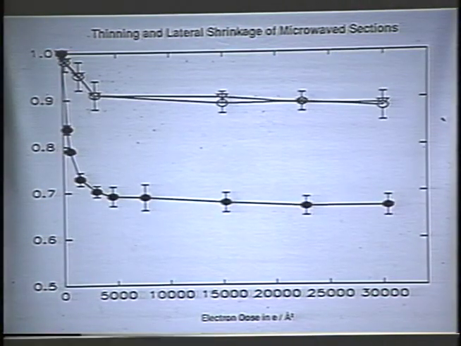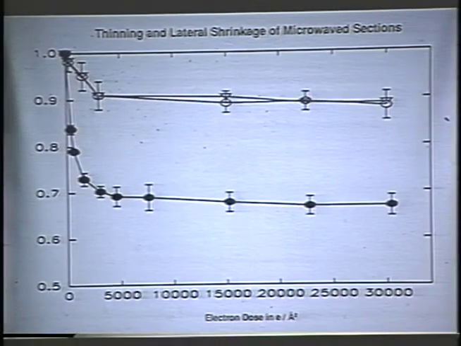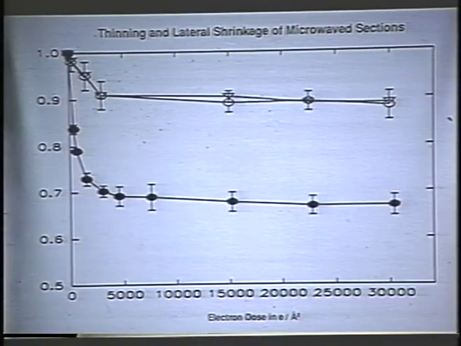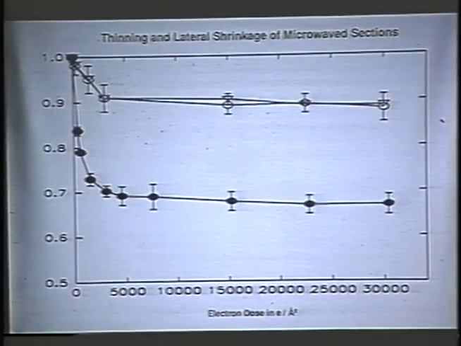One of the things that I picked up at an EMSA meeting several years ago was the idea of using microwave radiation as a means of carrying polymerization to completion, as a means of stabilizing embedment.